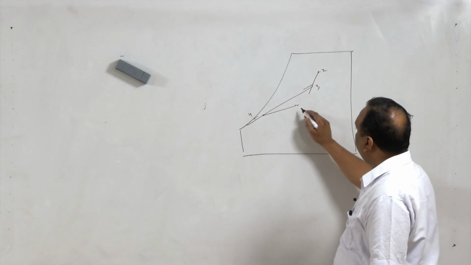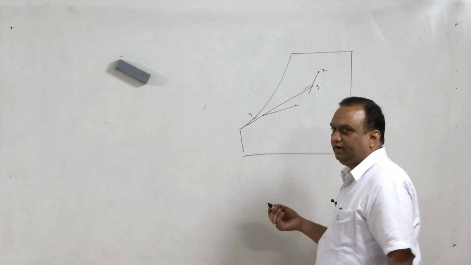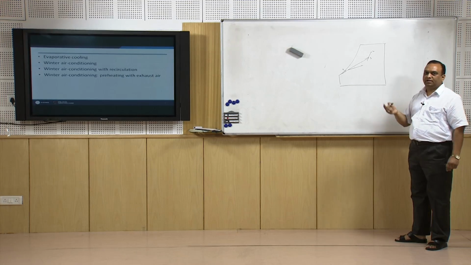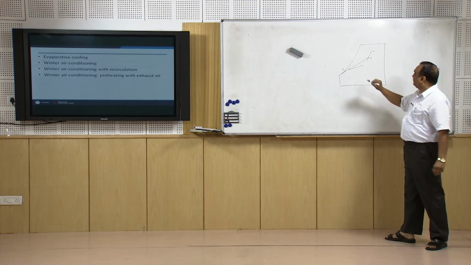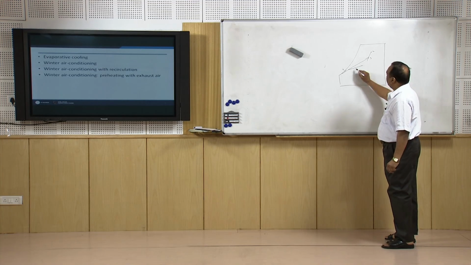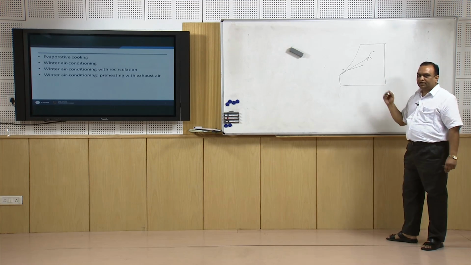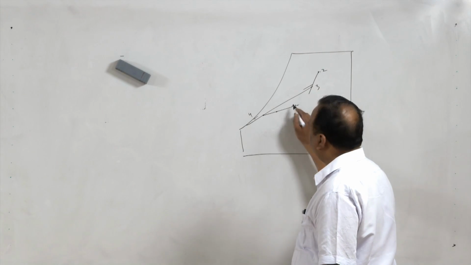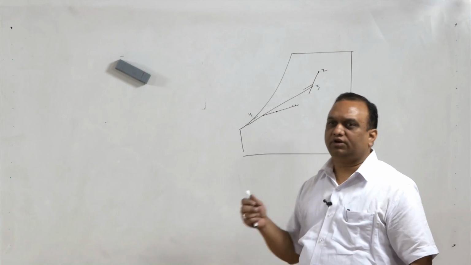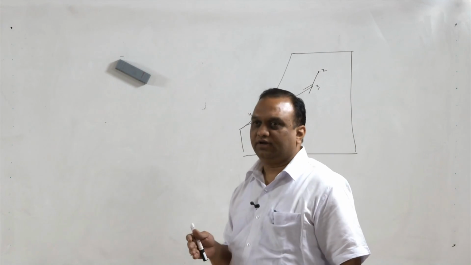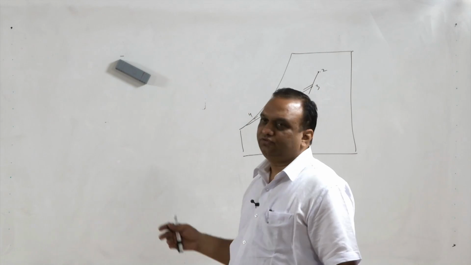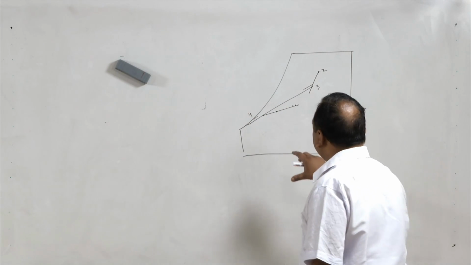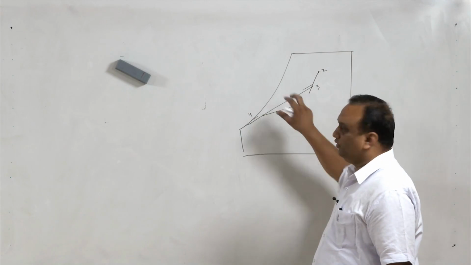In a split air conditioner there is no mixing at all after the cooling coil; return air is mixed with the fresh air here, not here. But in a duct type of system, if mixing takes place after the cooling coil, the position will be somewhere here. We will solve some numericals on actual air conditioning systems, and when we solve those numericals, the concept of mixing will be more clear to you.